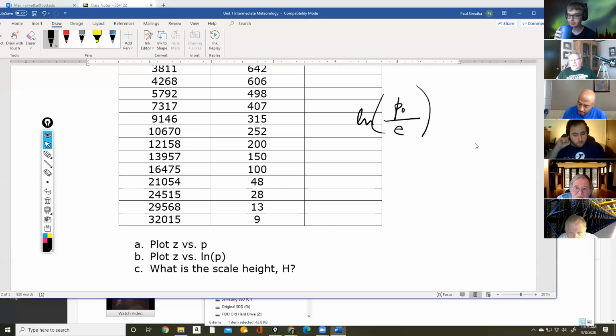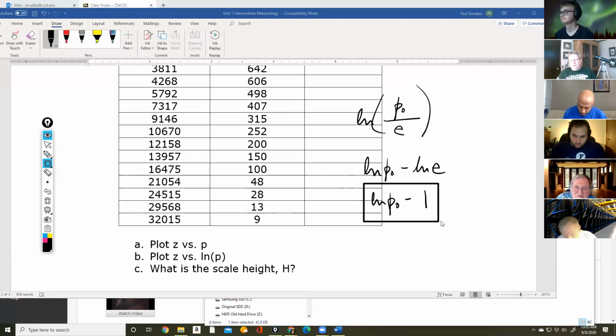I get the natural log of the pressure minus the natural log of E. But what's the natural log of E? They're inverse functions. I get minus 1. Does that make sense? Yes.